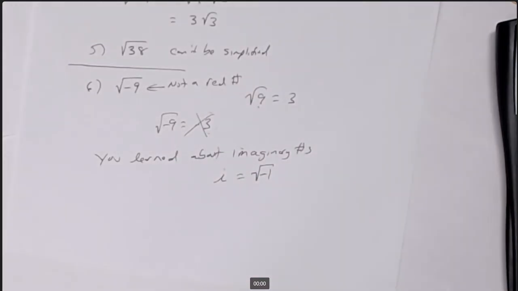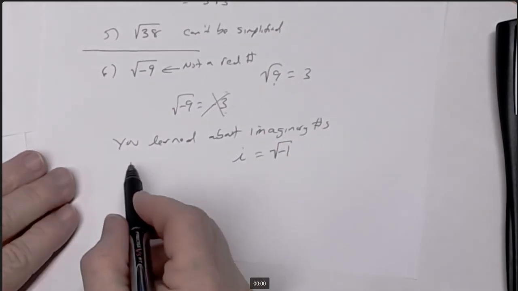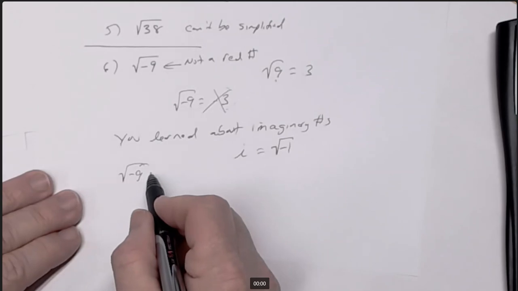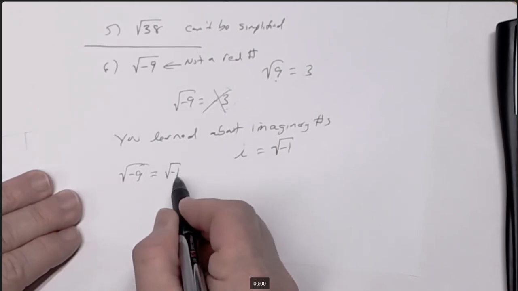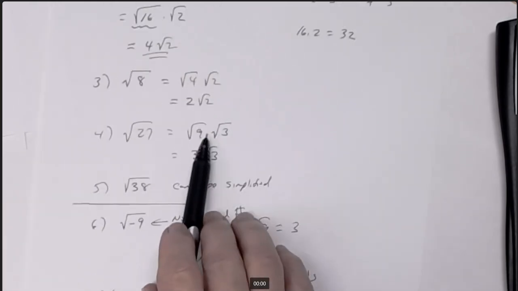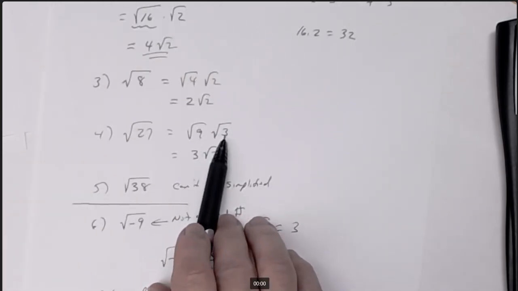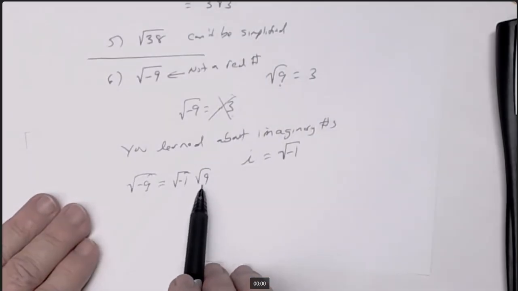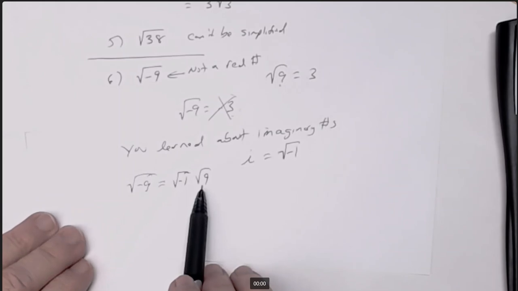So watch. The square root of a negative 9, do y'all agree I can write this as the square root of a negative 1 times the square root of 9? What's a negative 1 times 9? Negative 9. So do y'all agree I can write the square root of a negative 9 as the square root of a negative 1 times the square root of 9?